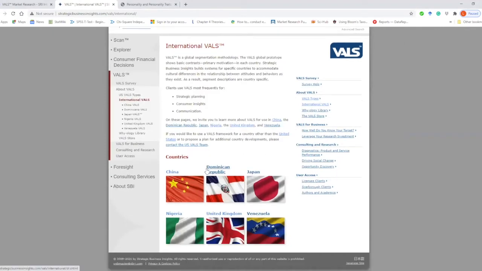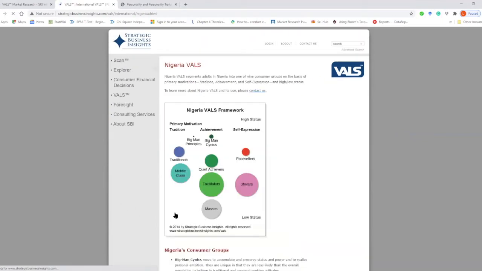When you click international Vals, you can see that they have done surveys for different countries. Currently, they've done it for only 6 countries. Please, I hope you can see that, including China, the Dominican Republic, Japan, Nigeria, the United Kingdom, and then Venezuela. Nigeria is the closest to us, so I think we should look at the Nigeria Vals.